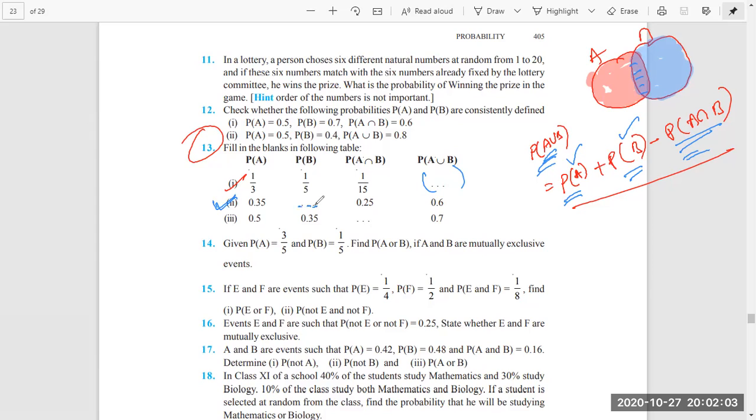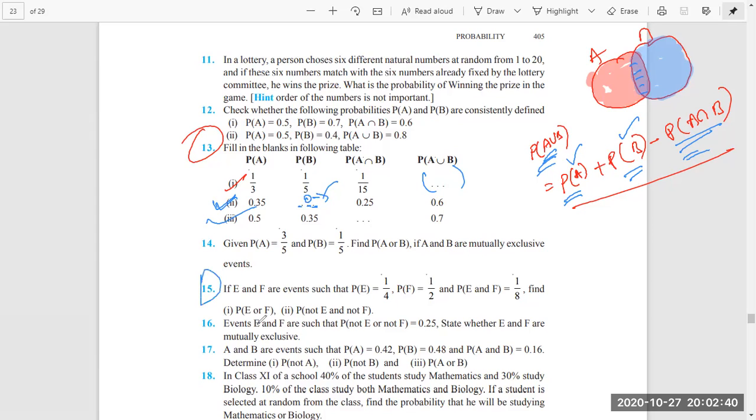So what will come here so that this will be satisfied? 0.5 is the answer. Similarly, you can do the third one.